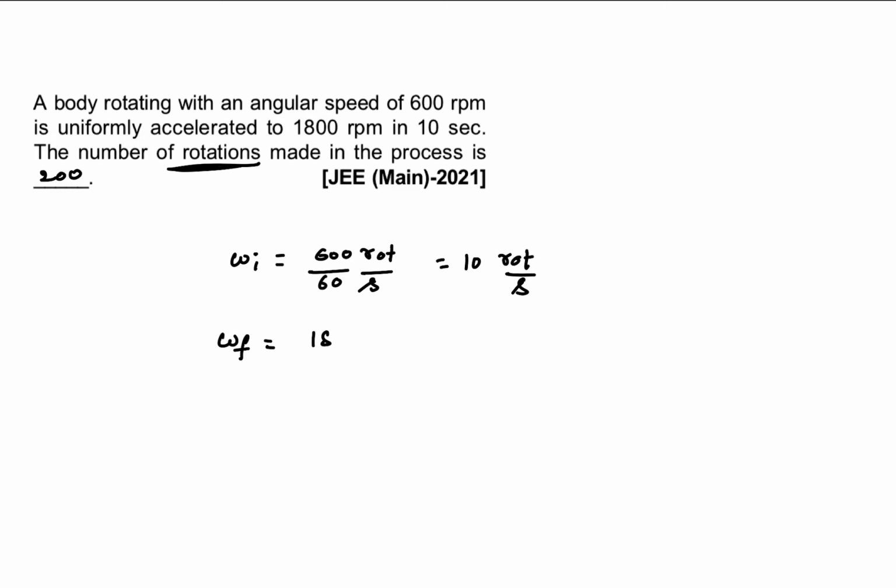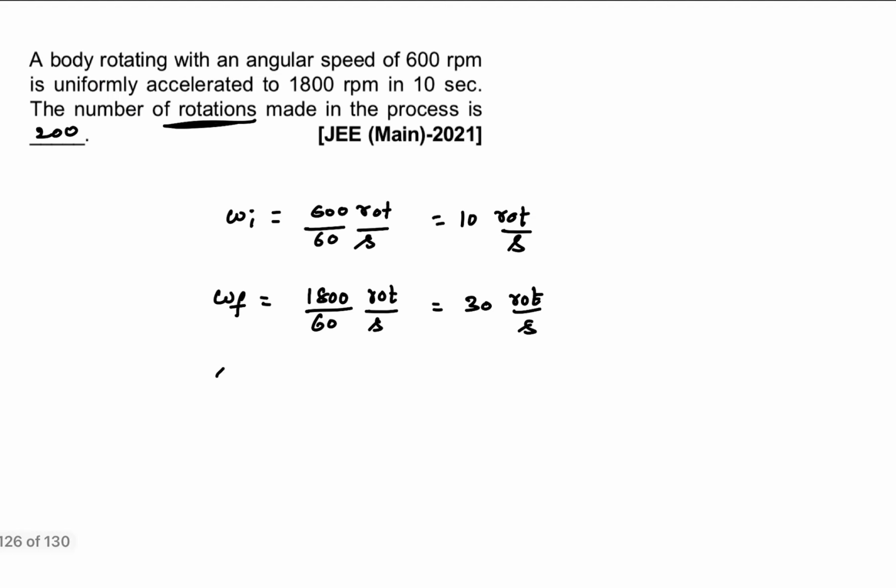Final angular velocity, you can write it as 1800 rotations by 60 seconds, so you get 30 rotations per second. Now they are asking for the angle, and the time taken is given as 10 seconds. To find the theta value, first you need to know the alpha value.